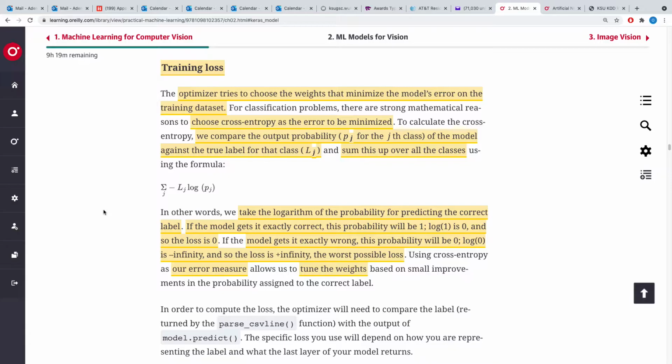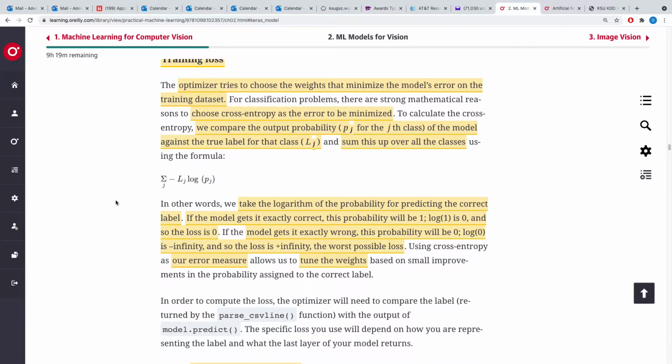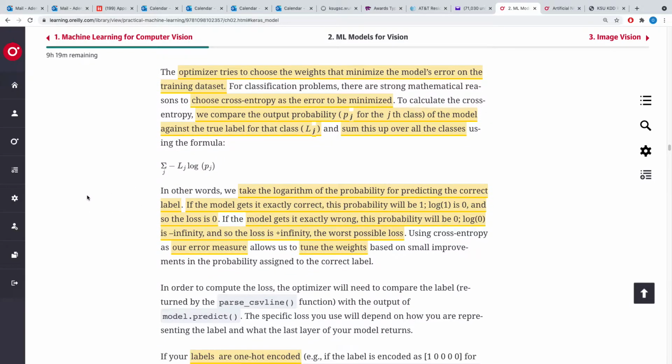And the formula for the cross entropy loss is shown in here. Here L_j is the true class, while p_j is the probability that the model gives us.